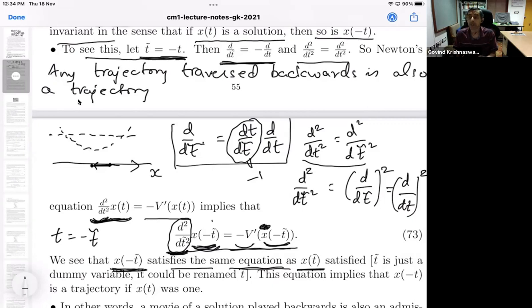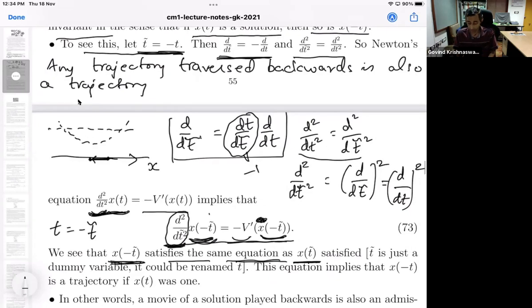I will give an example where this is violated. That will be quite illuminating. So, I just make a parenthetical remark here that t tilde is just a dummy variable, and it could be renamed as t once you do this transformation. So the sum and substance of this is that this equation 73 implies that x of minus t is a trajectory if x of t was a trajectory.